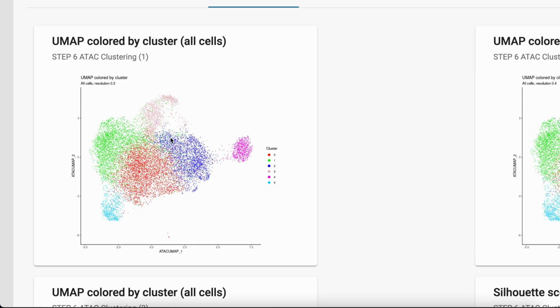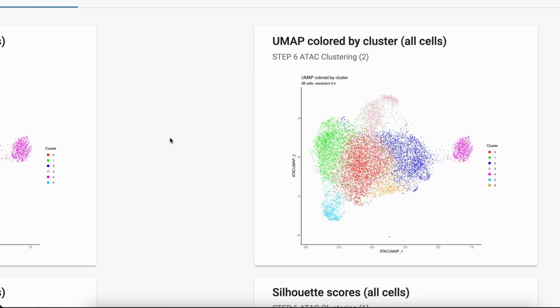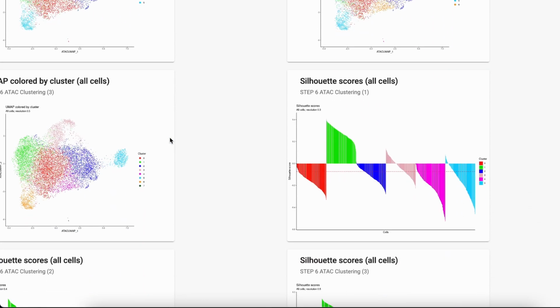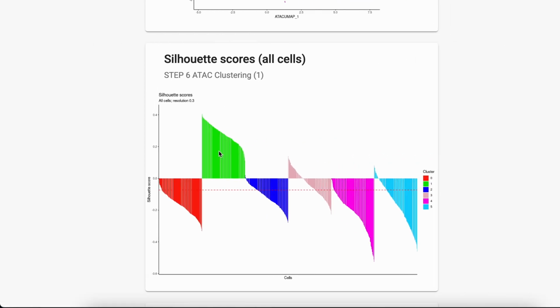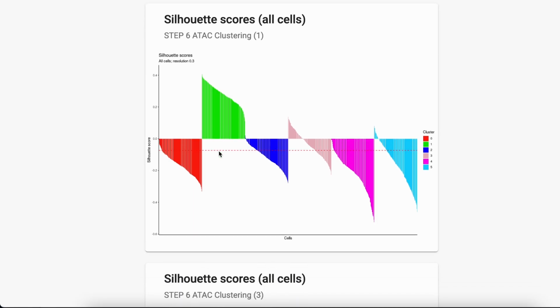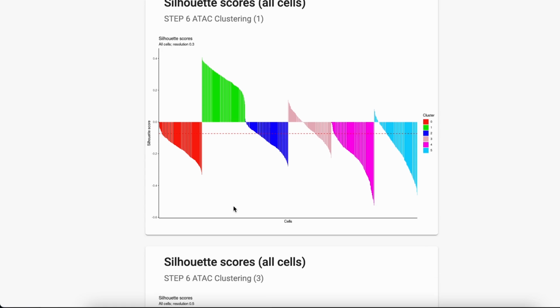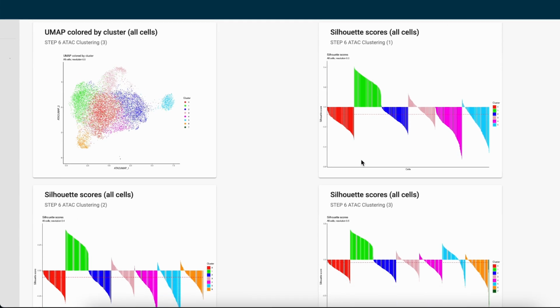It doesn't look suspicious at first, but when you look at the silhouette scores, the average silhouette score for all the clusters is actually negative. It means that the algorithm is not sure to what cluster cells must belong to. It is only certain about the cluster 2, which has very nice and high silhouette score, and other clusters are all on the negative side.